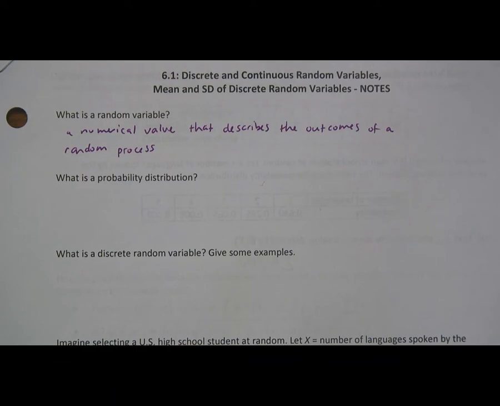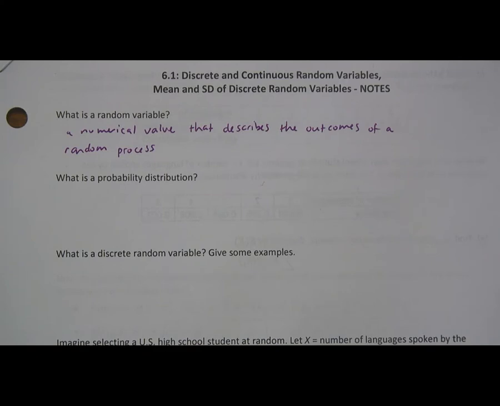So it's a number. Like if you're flipping a coin, the outcomes now are not going to be heads and tails. It's going to be some kind of a number value. All right. And we're going to be looking at probability distributions throughout this chapter.